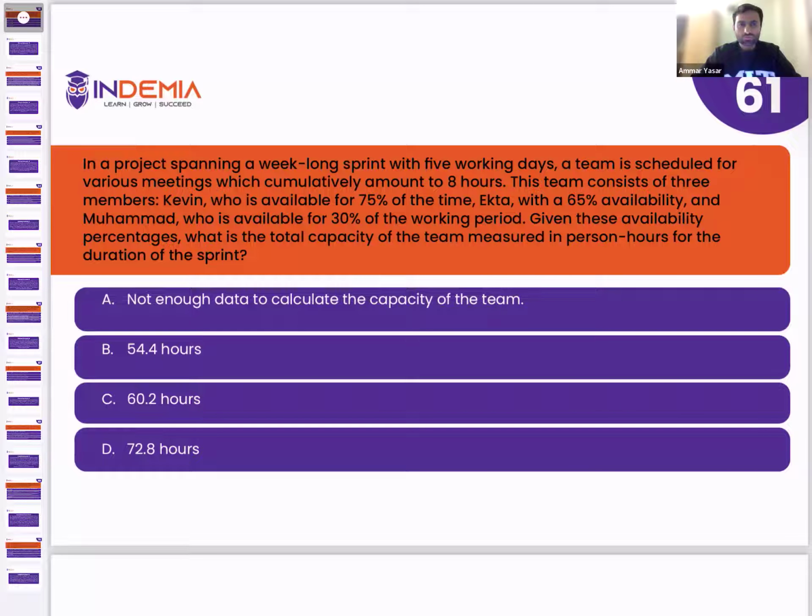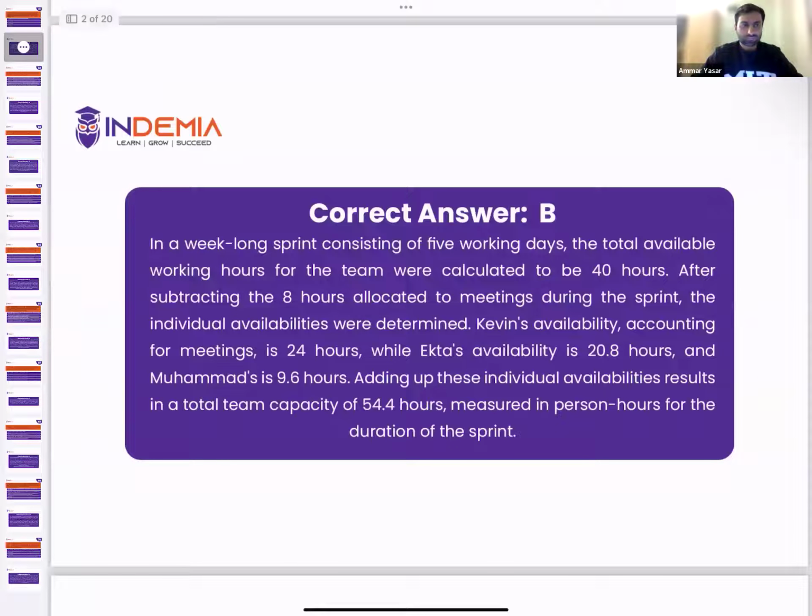So assume there are 8 hours in a day. Let's see how capacity could be calculated. We did some examples during the course as well, if you recall, ideal capacity and real capacity, right? Let's see how it is calculated. Once you understand, please explain.